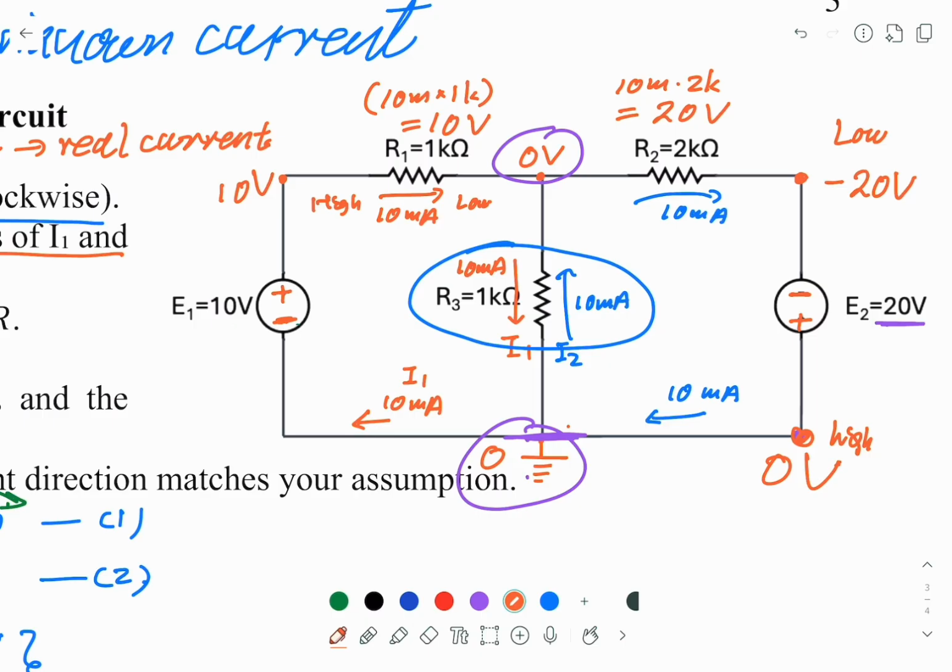And this is consistent. Why? Because if you look at this point here, 0 volt, this minus 20 volt, and this is high, this is low, and the potential difference across R2 is 20 volt. So the current flows from high to low. So everything is consistent.